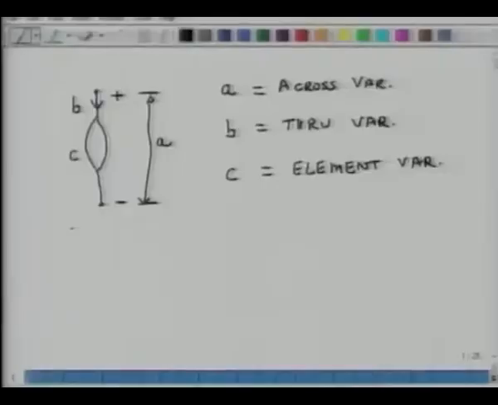So what we will develop is four types of elements. The first type will be a two-terminal element. The second element which we will talk about is a four-terminal element.